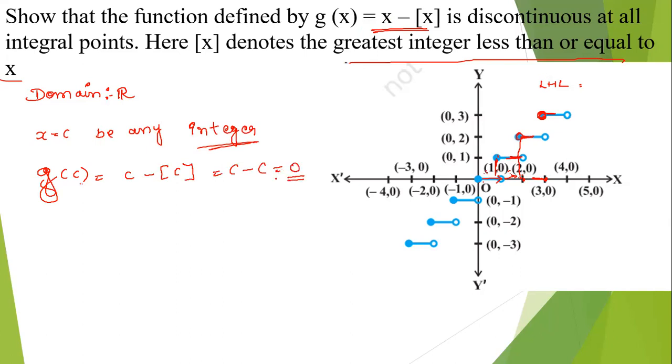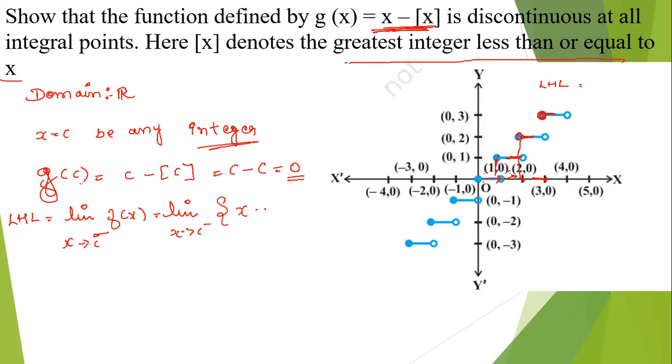But if you take the left hand limit, limit x tending to C minus of g of x, what will that be? Here you need to substitute.